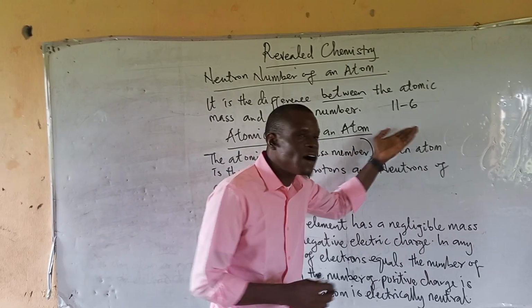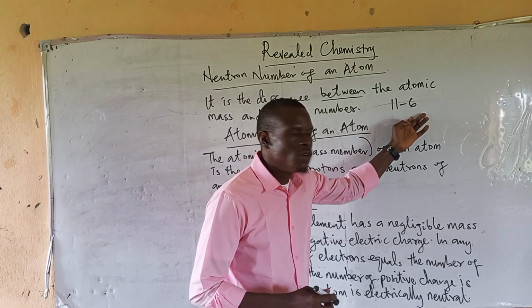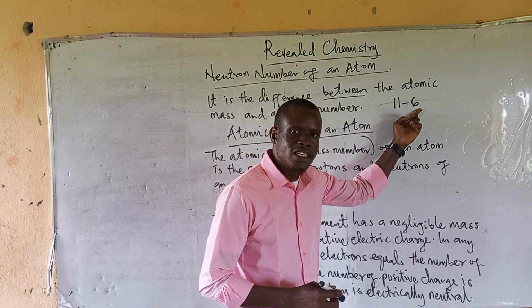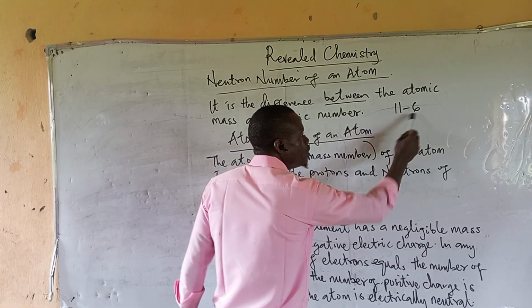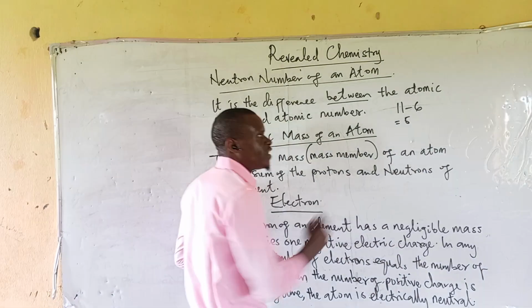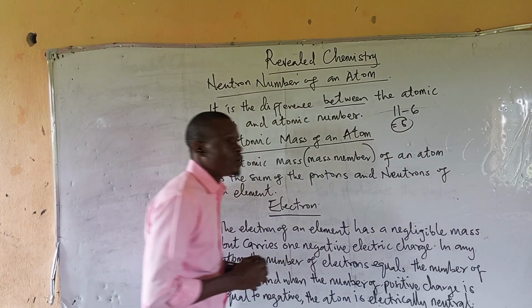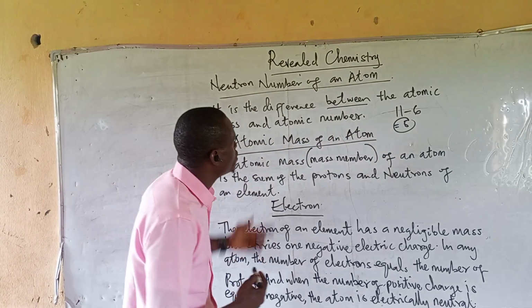You can actually have the nucleus from here, which is 11, the atomic mass, and 6, the atomic number. In that process, you have 5 as the neutron number. That is how you calculate the neutron number. But I'm going to make a video on the calculation of neutrons.